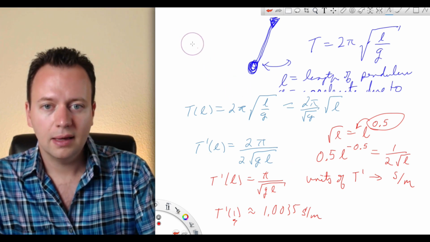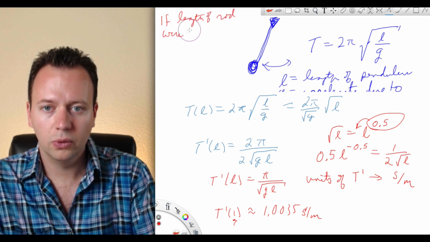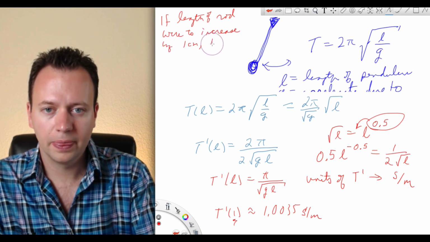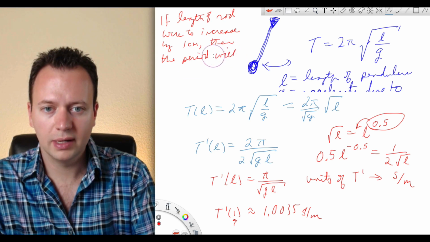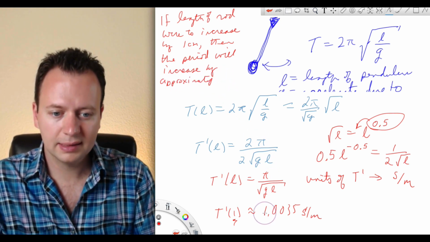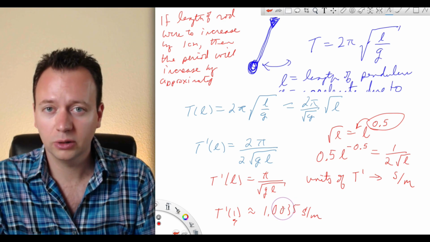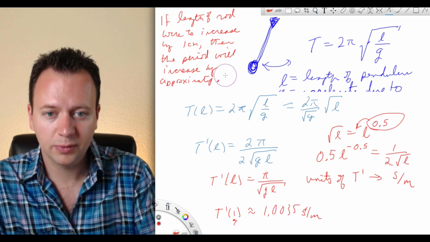So this means that if the length of the rod were to increase by 1 centimeter, then the period will increase by approximately, so it's this times the change in L, so this times 0.01, 1 centimeter is equal to 0.01 meters, so by approximately 0.0010035 seconds.